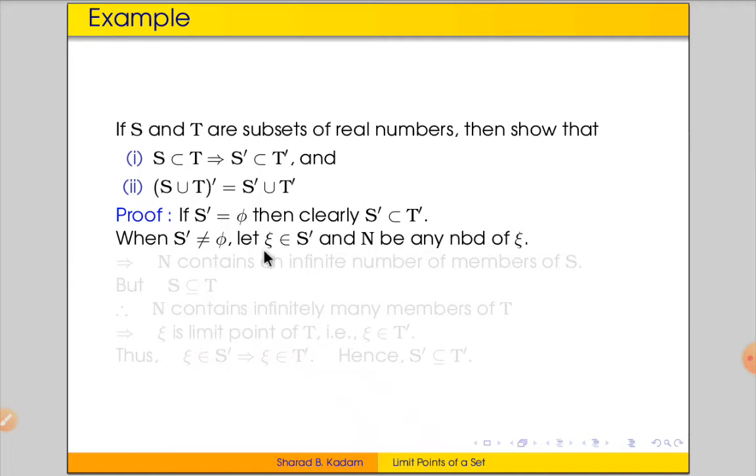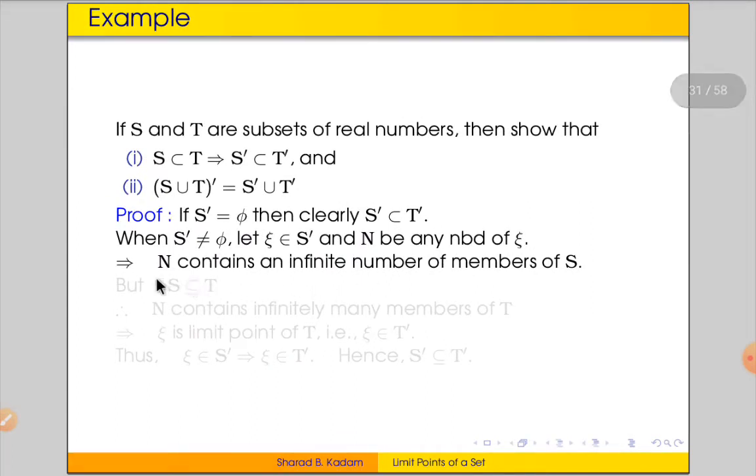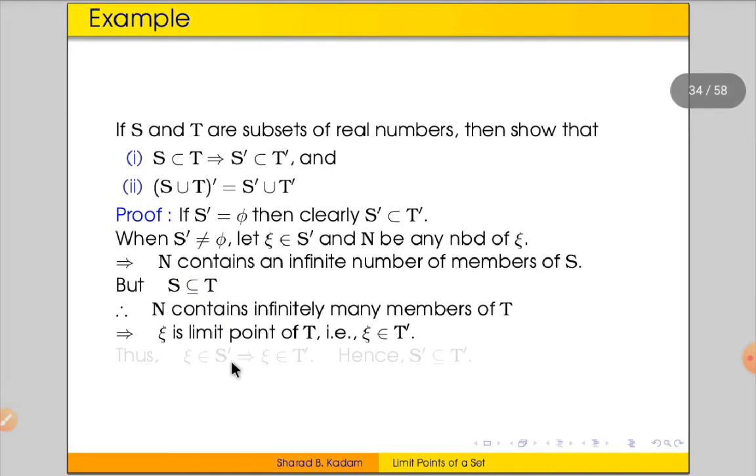So consider xi be any element in derived set of S and n be any neighborhood of xi. So by the definition of neighborhood, n contains an infinite number of members of S, and as we know that S is subset of T, so therefore n contains infinitely many members of T. So that means xi is the limit point of T.